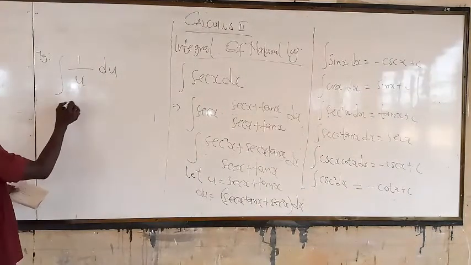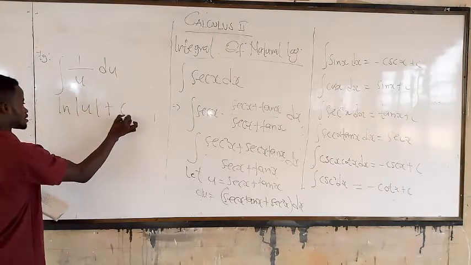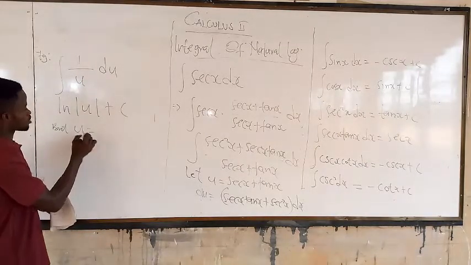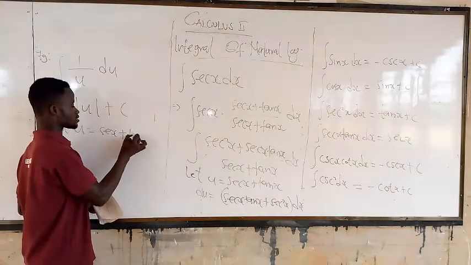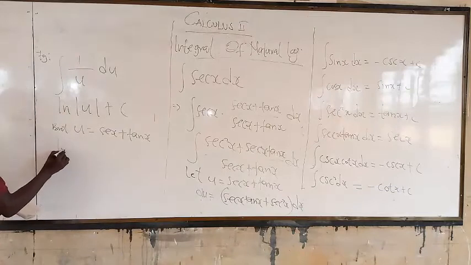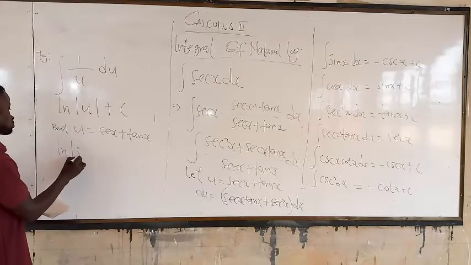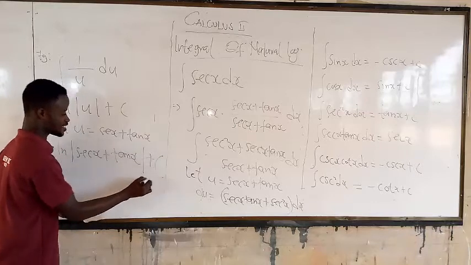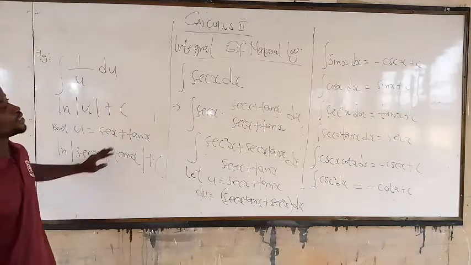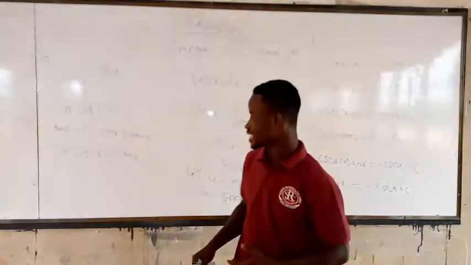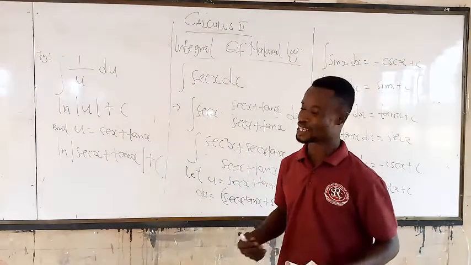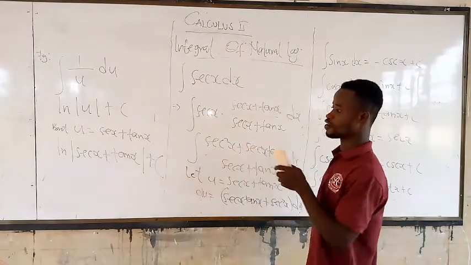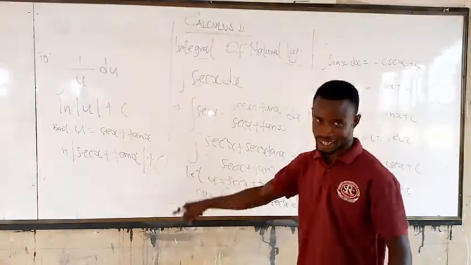So now this is ln u plus c. But u is sec s plus tan s. Therefore, we get ln sec s plus tan s plus c. This means that when you integrate sec x, you will get ln of sec s plus tan s. Please don't forget about the ln there. It's very, very important. It is there because it's there.